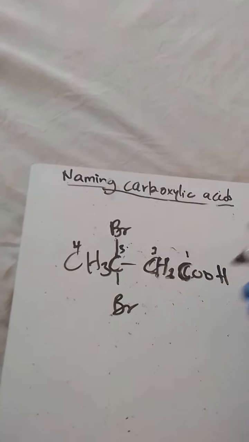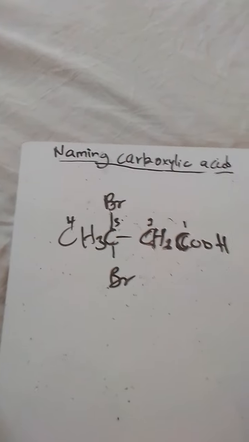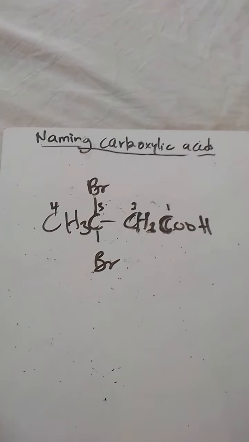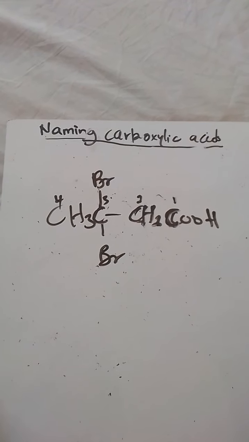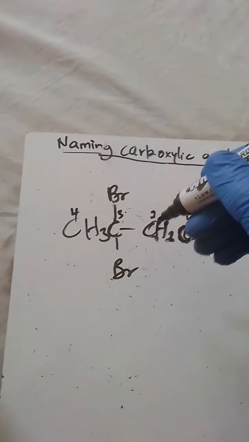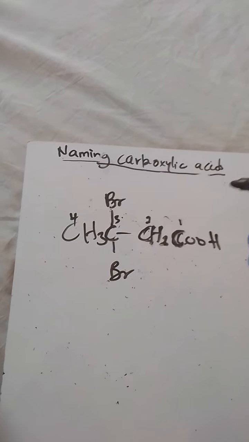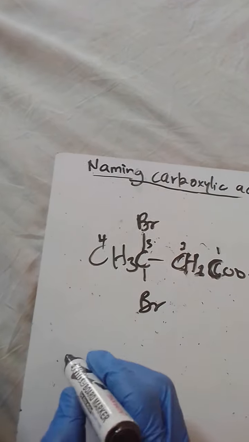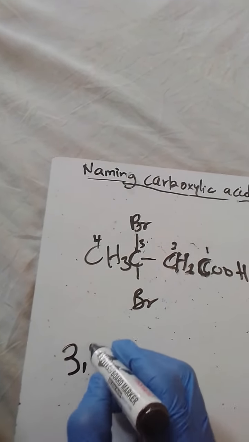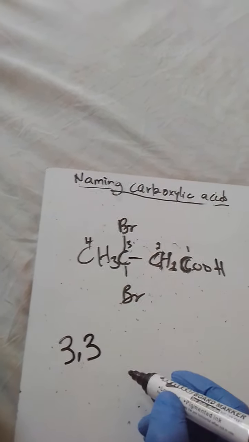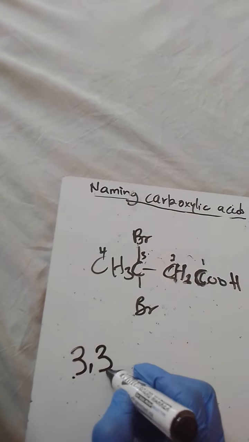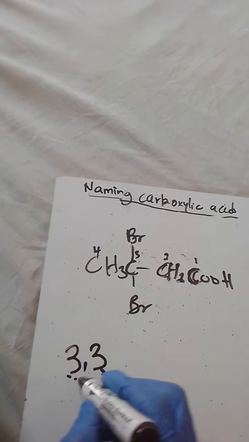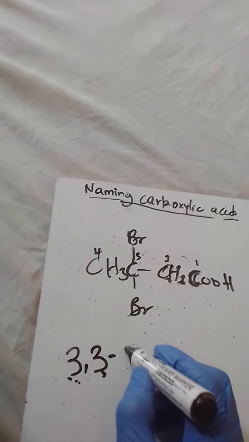So how is it going to be? Pause the video and try your hands on it. The bromines are found on the 3rd carbon. So it's going to be 3,3. So this 3,3 shows the individual positions of the two bromines.